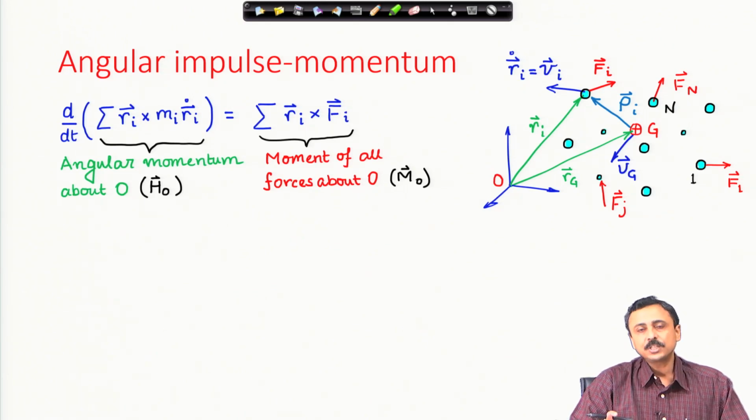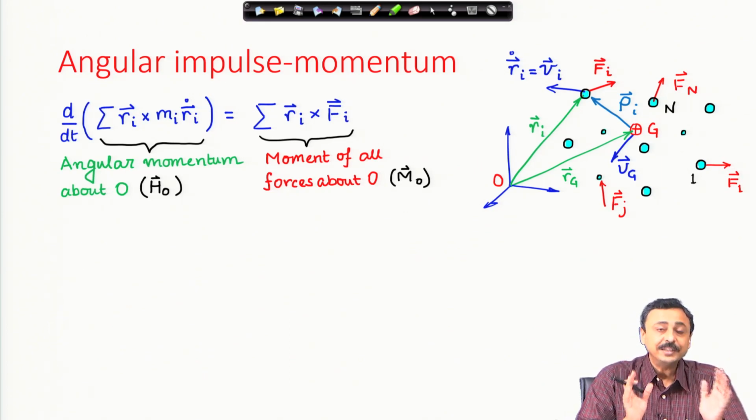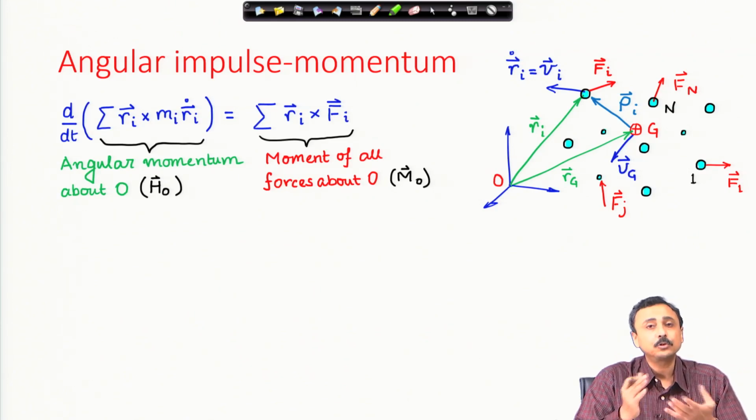The generalized Newton's second law tells us how the center of mass of a system of particles is moving under the action of external forces on the system. This tells us how the orientation of this system is changing as the system moves, and we are going to interpret this very soon.